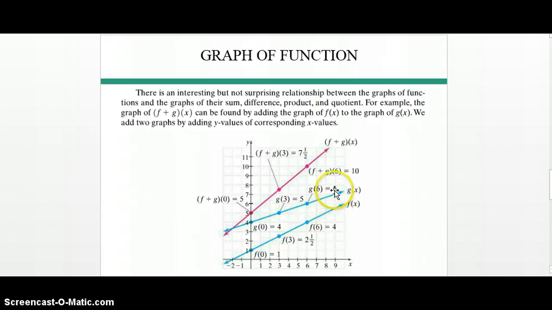If you add the y values, we get 10. So f plus g of 6 is equal to 10. So we get the values of f plus g of x by adding the y values of f of x and g of x.